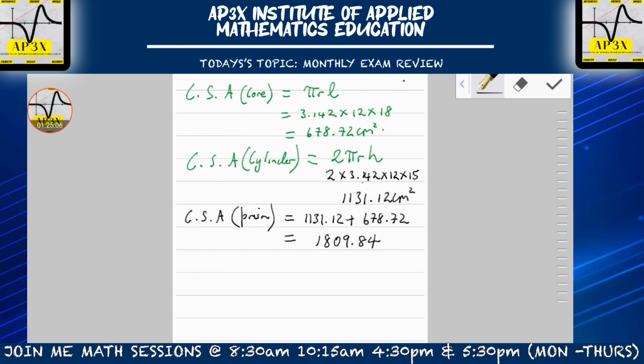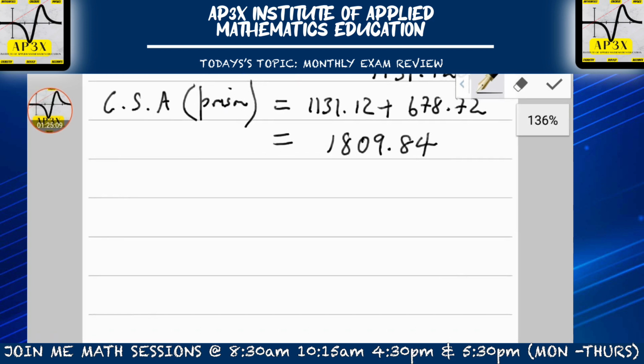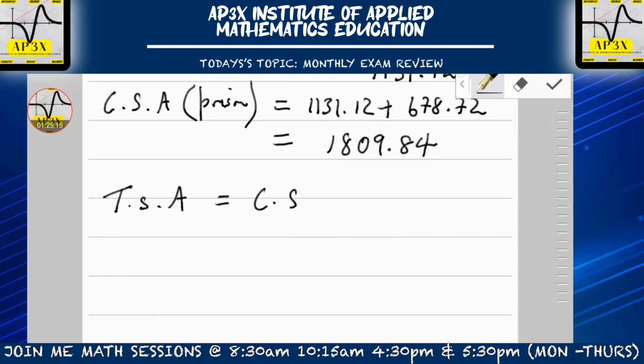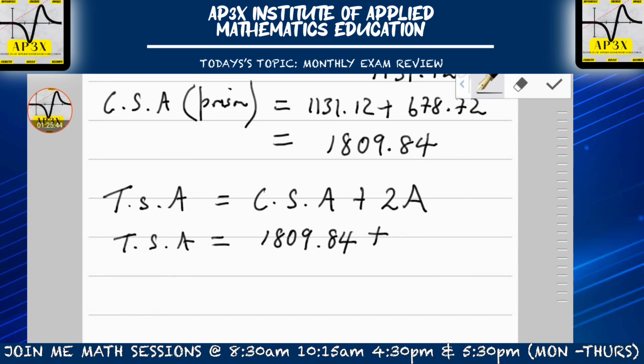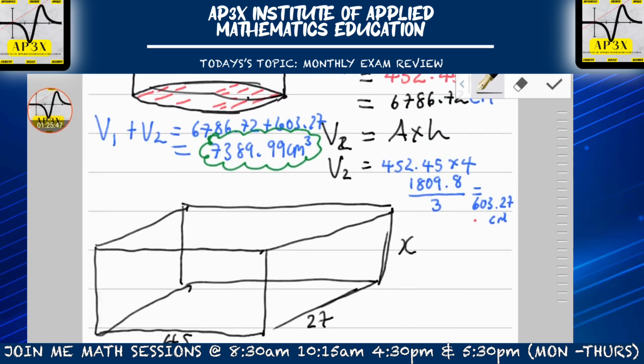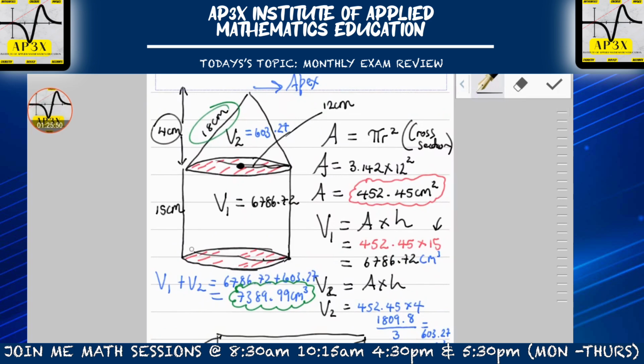We were also asked to find the total surface area of the prism, so we must continue then. The total surface area is in fact equal to the curved surface area plus 2 times the area of the cross section. So the total surface area is the curved surface area, which we just calculated to be 1809.84. And naturally, if this wasn't a composite prism, we would have to multiply this by 2a, because if you go back to the prism, you'll realize that the prism itself only has one cross section.